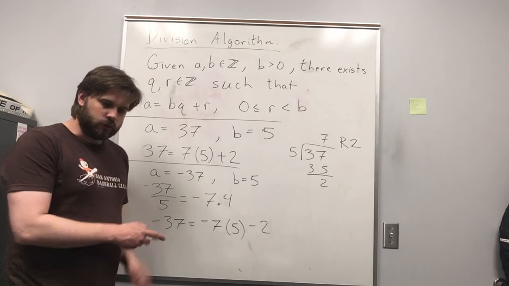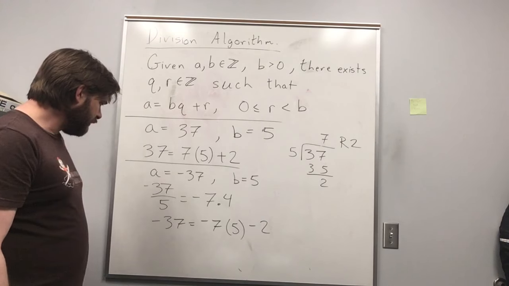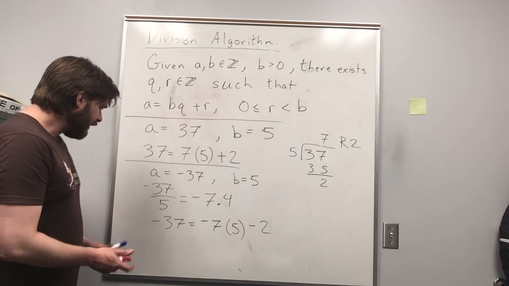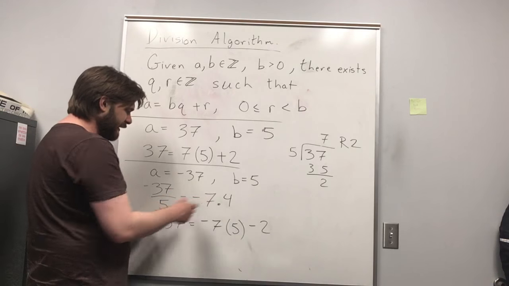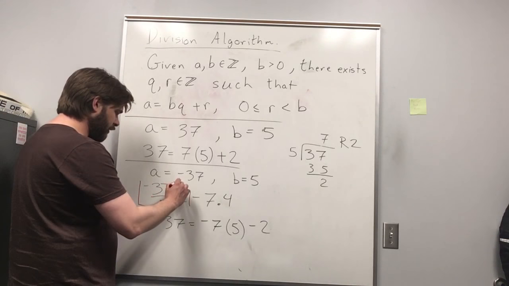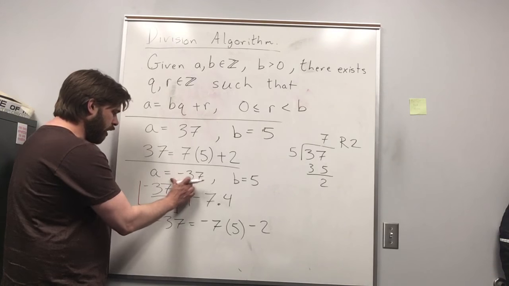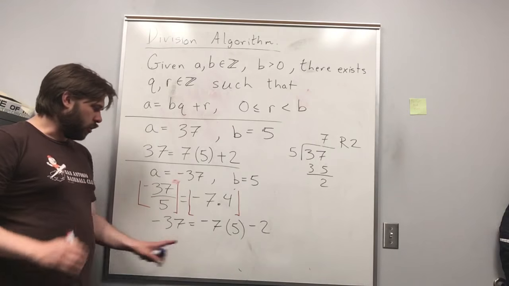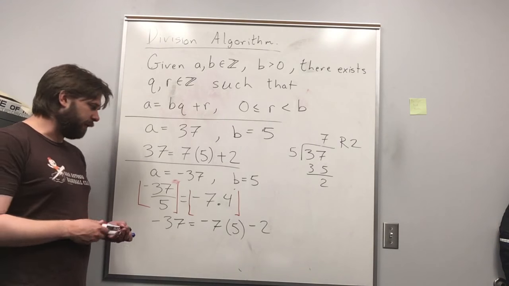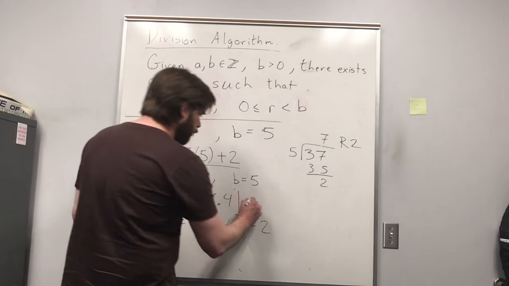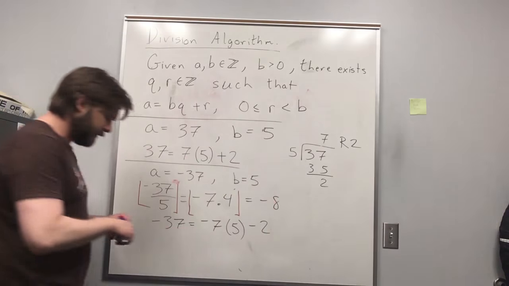So what you have to do, if you're going to use a calculator to do this, is whatever answer you get here, you always have to take the floor of this function. So you always round down to find your q. So if we take the floor, rounding down from negative 7.4, we get negative 8.